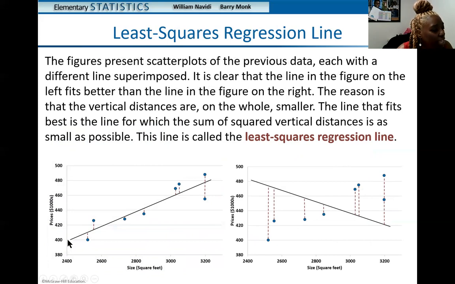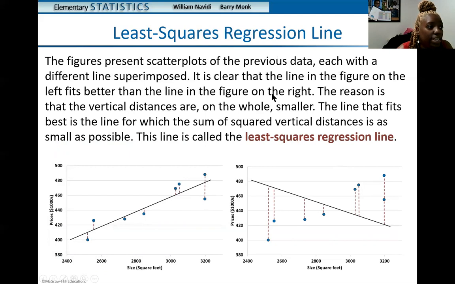If you were to draw a line for those sizes and the prices, this line would be the closest to approximating the rest of the points. As you see, we can look at the vertical distance to the line from each point, and see where those points lie in reference to that line.